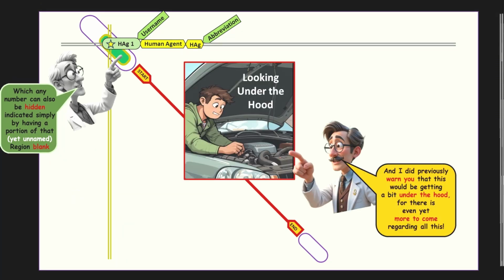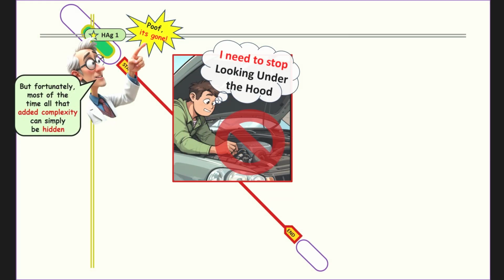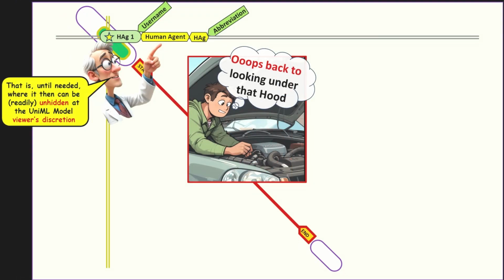And I did previously warn you all that this would be getting a bit under the hood, for there is even yet more to come regarding all this. Yes, this is starting to hurt my head, as I try to get my mind around it. But fortunately, most of the time, all that added complexity can simply be hidden, until needed, where it then can be readily unhidden, at the UniML model viewer's discretion.